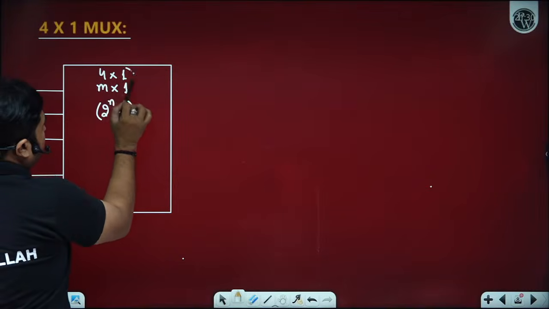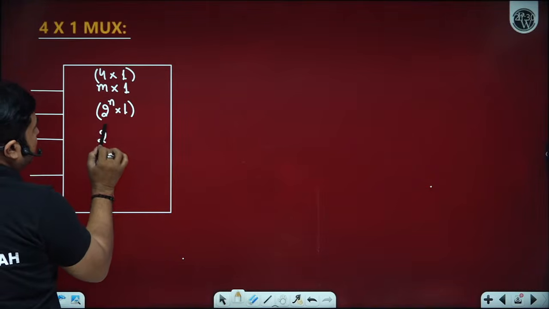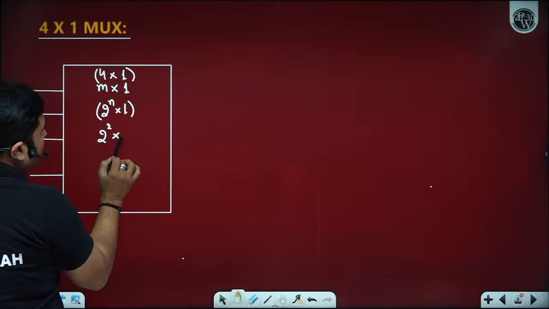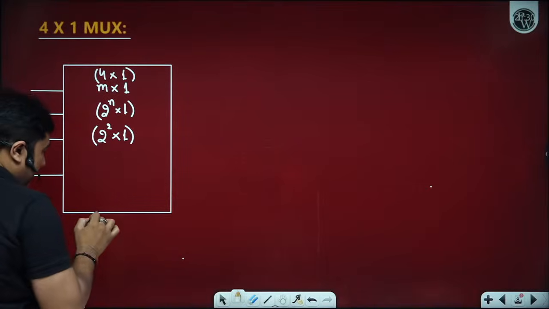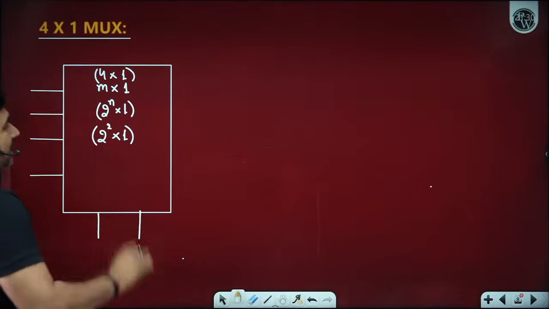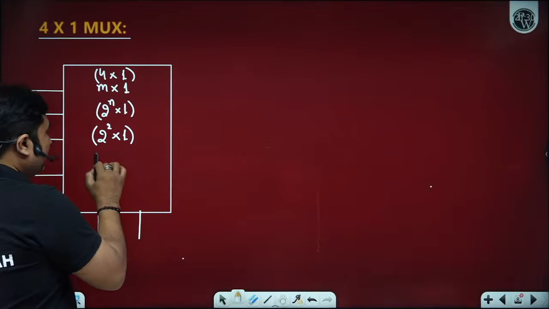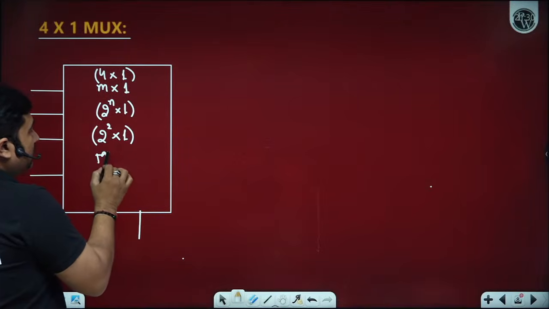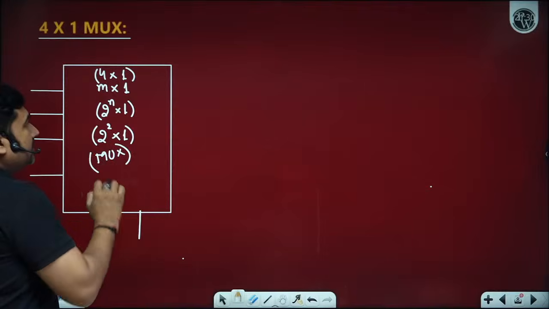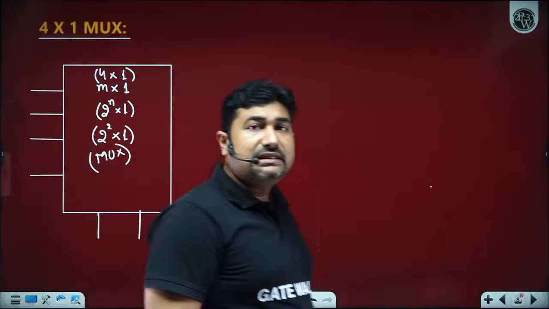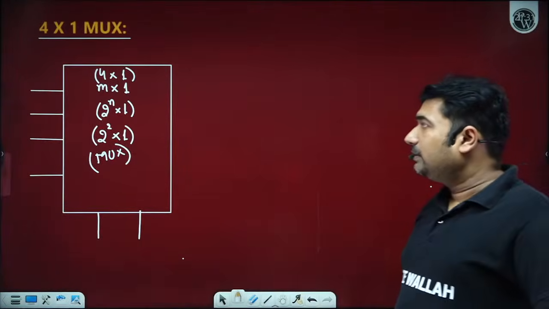So what does it mean? 4 cross 1 means how many select lines are there? 2 select lines are there. So we have 2 to the power 2 cross 1 size mux, or you can say 4 cross 1 size mux. How many of you able to understand?